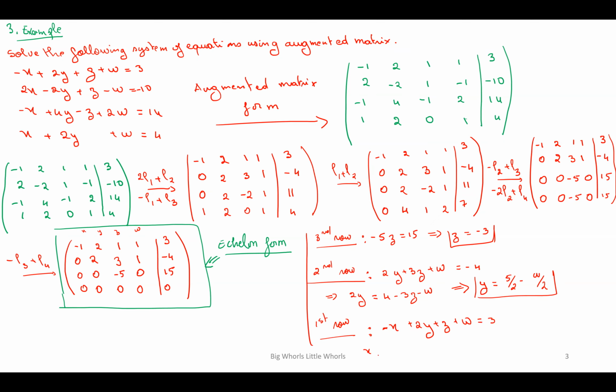That means x is written as minus 3 plus 2y plus z plus w. After all the substitutions, you will see that x equals minus 1.